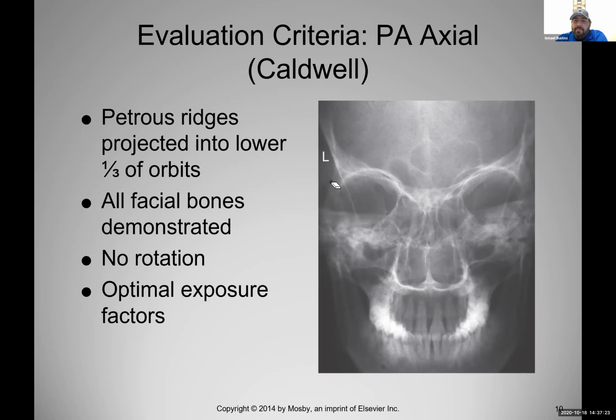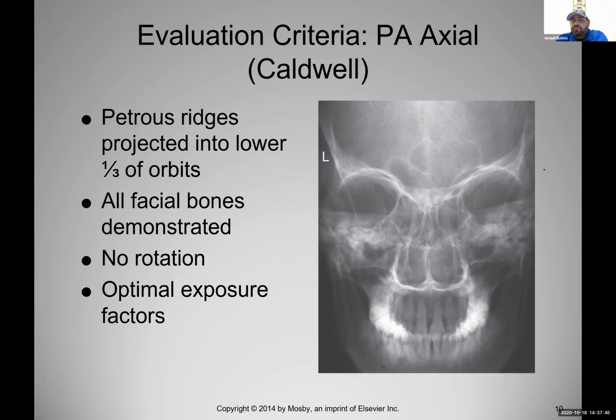Now, if you don't include some of the mandible down here, which is fine. If you don't include some of the frontal bone, that is fine because it is a facial bone projection. But the sides there, where we clipped off, we really want to make sure we have our zygomatic arches in there. Make sure there's no rotation, no tilt. Again, rotation is the lateral cranial cortex to the side of the head being the same distance.